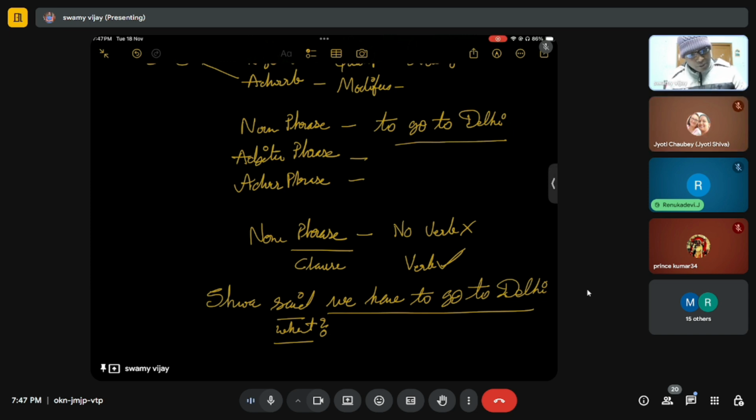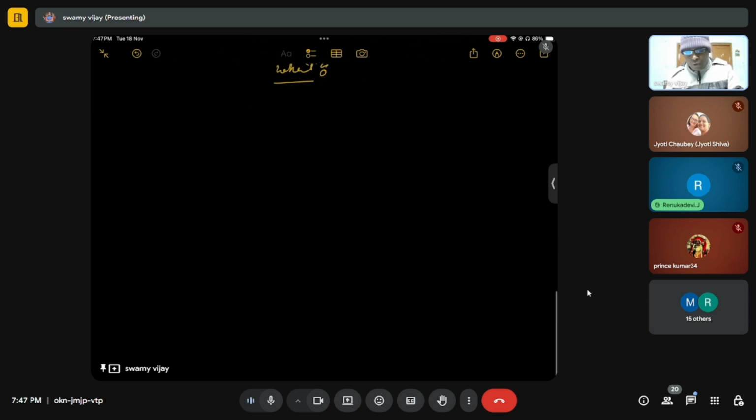Next, let me go to adjective clauses. Let me explain directly how to identify whether a clause is an adjective clause, adverb clause, or noun clause. First you need to find out whether it is a subordinate clause or not, then you can identify its type.